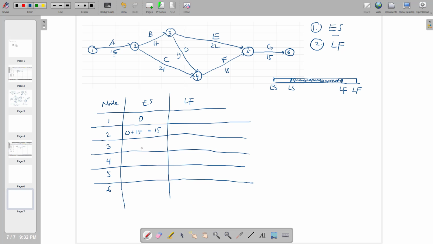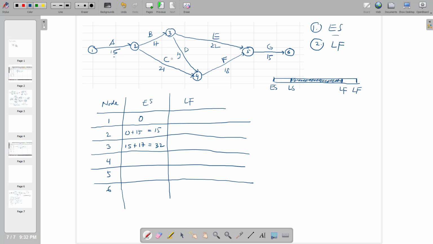What about activity 3? Activity 3 starts from 2 to 3. Now, since node number 2 is 15, to go to node 3 you have to add 15 plus the duration 17. 15 plus 17 will be equal to 32.